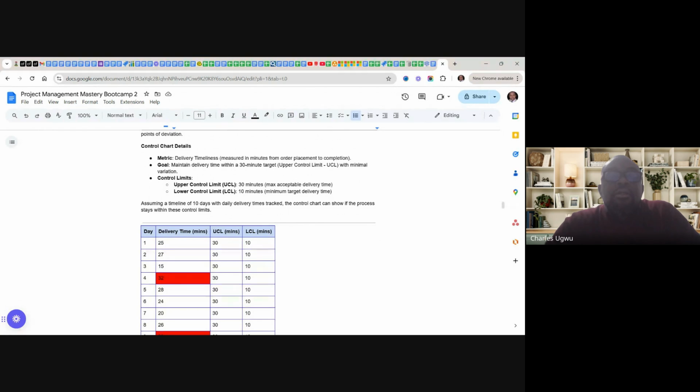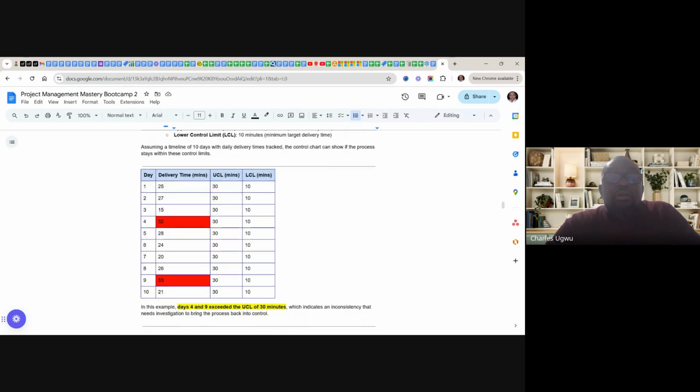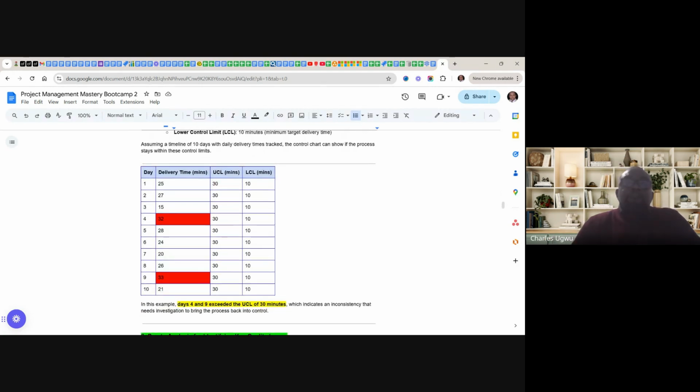And the lower control limit is 10 minutes, the minimum target delivery. So let's look at this scenario, assuming a timeline of 10 days with the delivery time tracked. The control charts show the following results. Look at the control charts here.